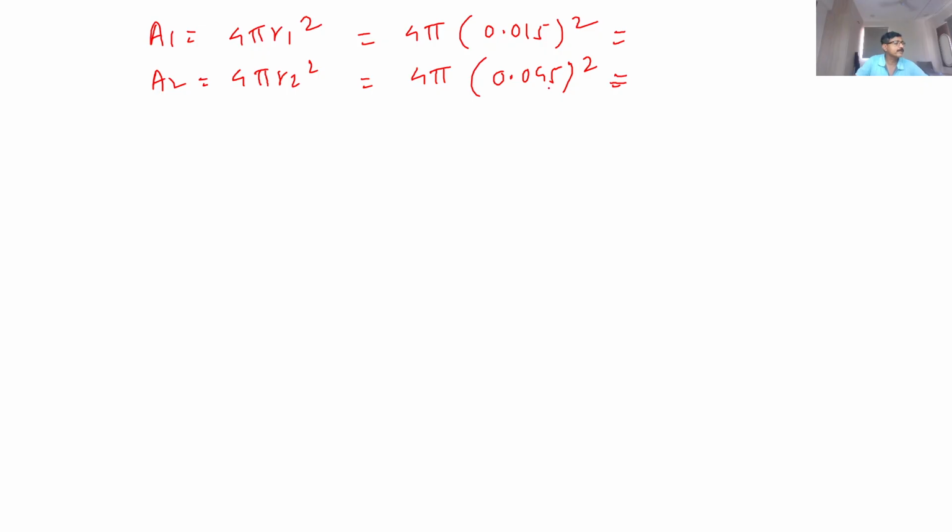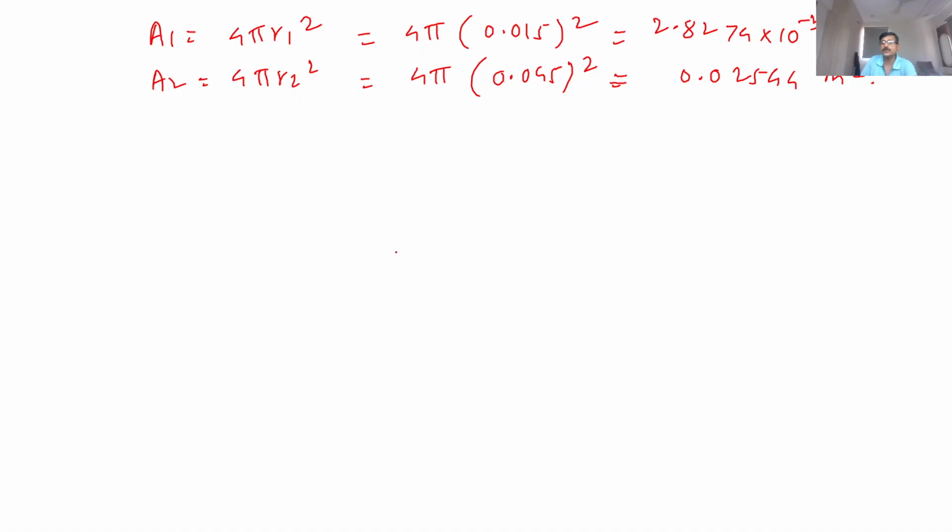The answers for A1 and A2: A1 is coming as 2.8274 into 10 raised to minus 3 meter square, and A2 is coming as 0.02544 meter square.